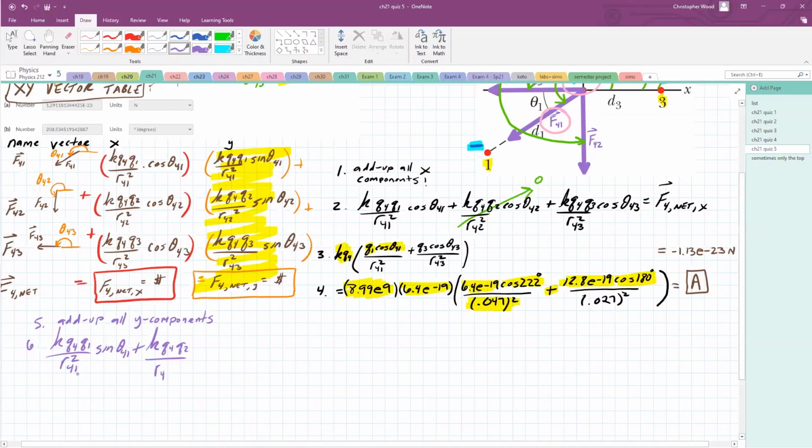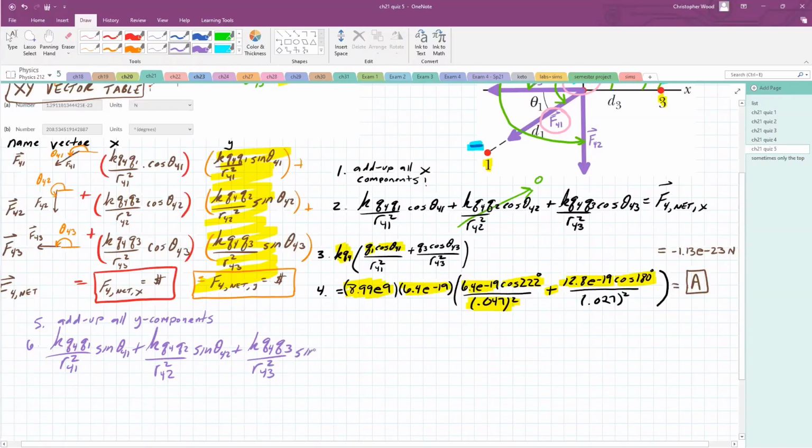Like, for example, I forgot to square R41, but I did now. And this is R42 squared times sine of theta 42 plus K, follow the subscripts, Q4, Q3 all over R43.